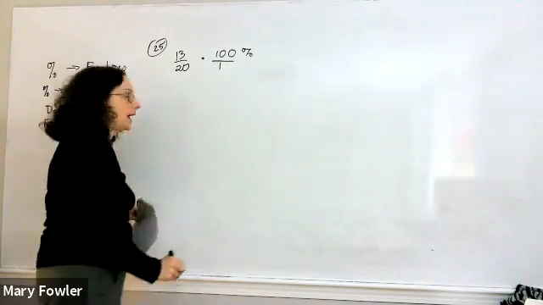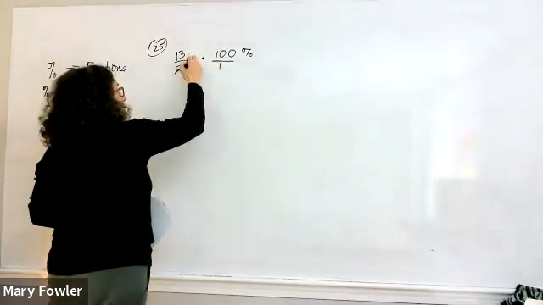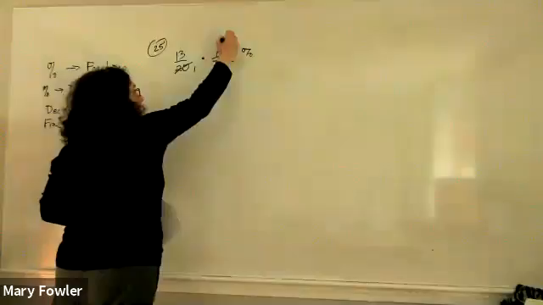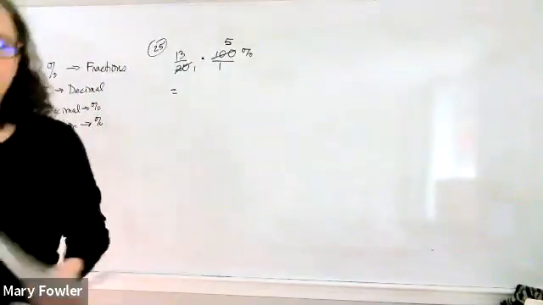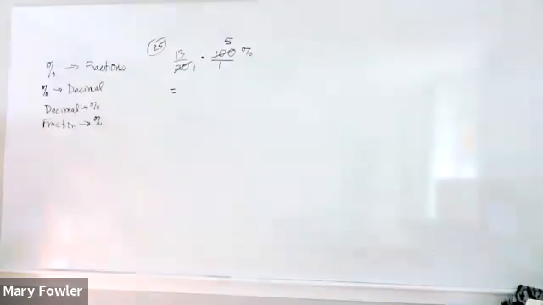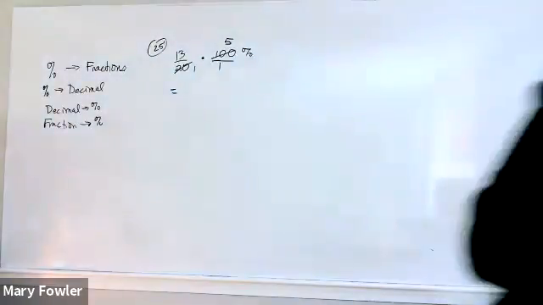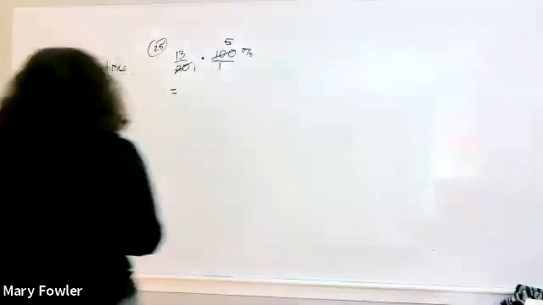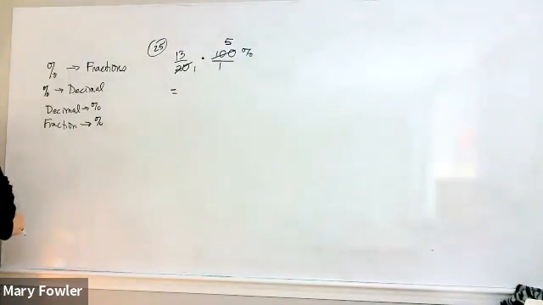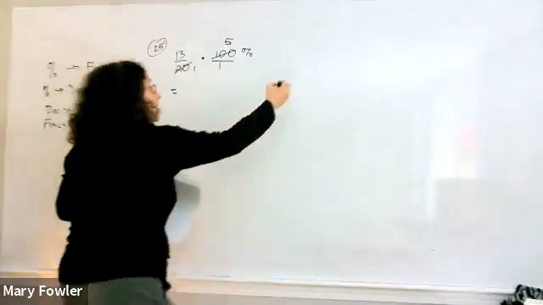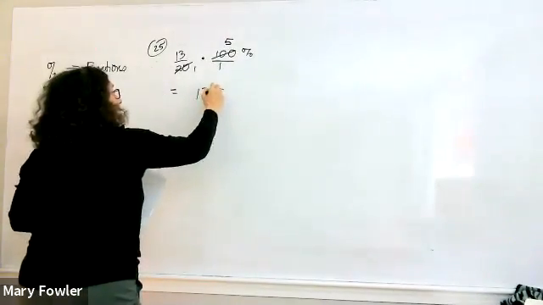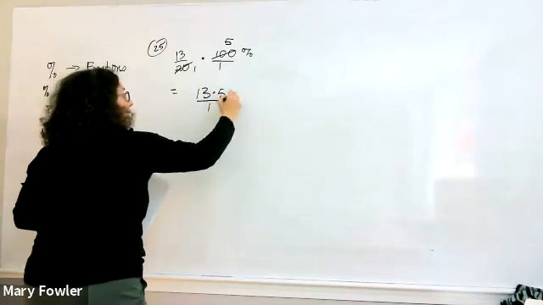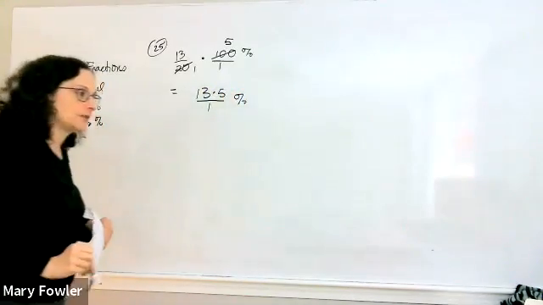Okay, simplify. 20 goes into 20 once. 20 goes into 100 5 times. Let's go ahead and do the multiplication. In the numerator, it's 13 times 5. In the denominator, it's 1. And now we also have the percent.